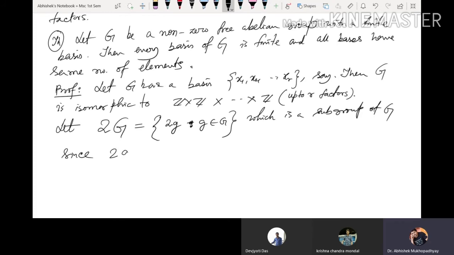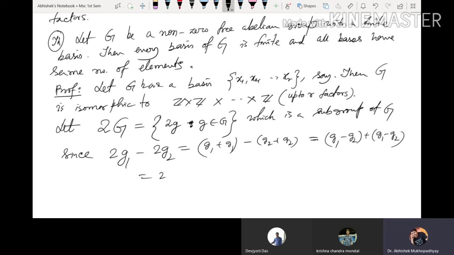Since 2g1 minus 2g2, that is g1 plus g1 minus (g2 plus g2), and since the group is abelian, we have (g1 minus g2) plus (g1 minus g2), that is 2(g1 minus g2). Therefore it belongs to 2G. So 2G is a subgroup of G.